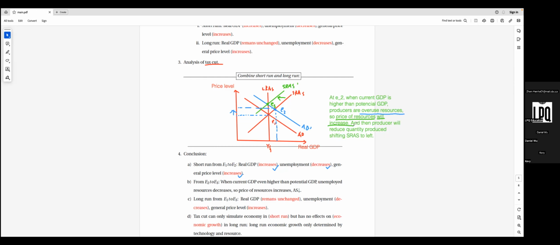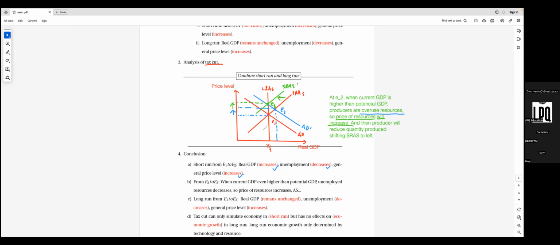By shifting short-run AS to the left, in terms of GDP, the GDP goes back to the normal level you should have in your country. But the inflation rate increases, even to a higher level.